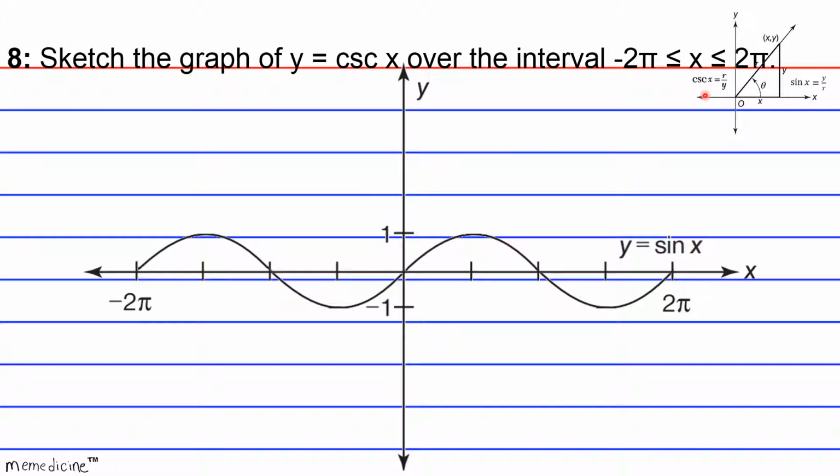Because the cosecant of x is the reciprocal, if you have a 0 in the numerator of sine, then you're going to have a 0 in the denominator of the cosecant of x. This means that the cosecant of x is going to be undefined at every location where y equals sine of x is equivalent to 0, okay? And usually undefinition is visually represented as vertical asymptotes.